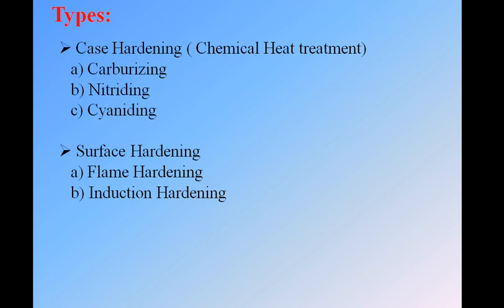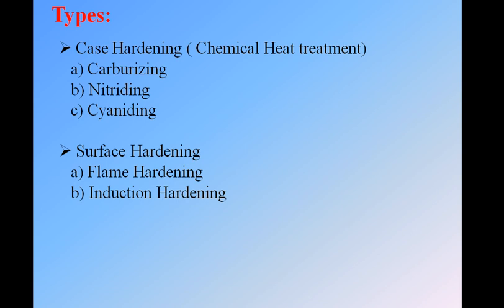types. See, the case hardening method, that is chemical heat treatment, we can also call it chemical heat treatment. It has three types: carburizing process, nitriding process, and cyaniding process. And surface hardening will have two types: flame hardening and induction hardening. In case hardening, we only change the composition of the surface of the material.